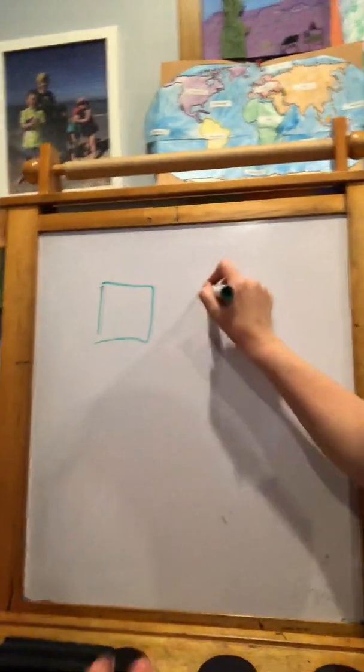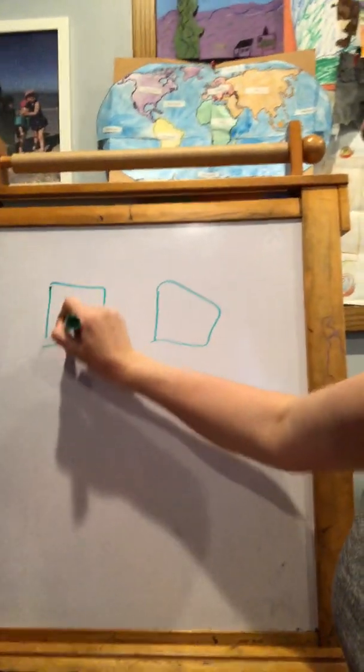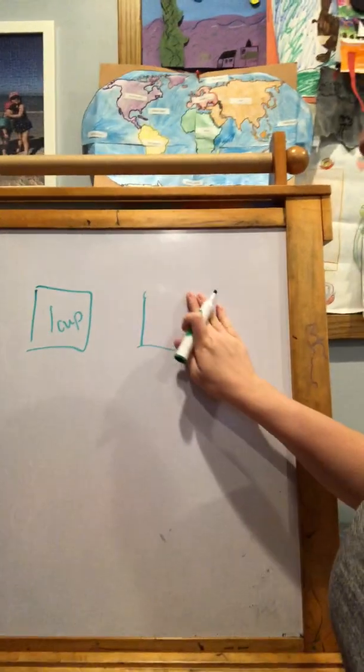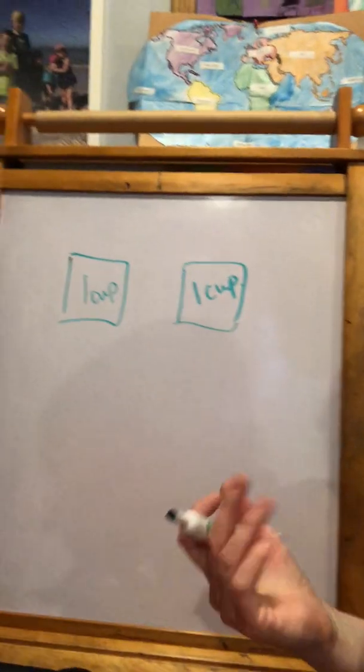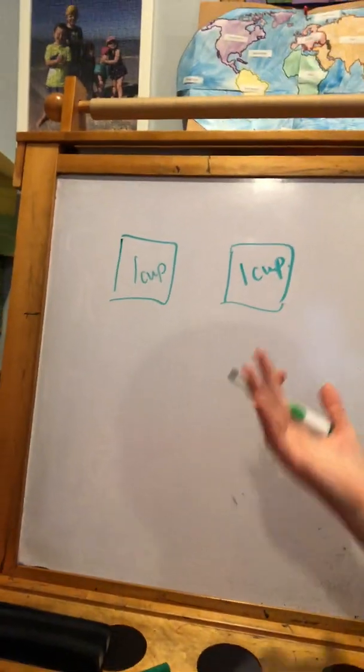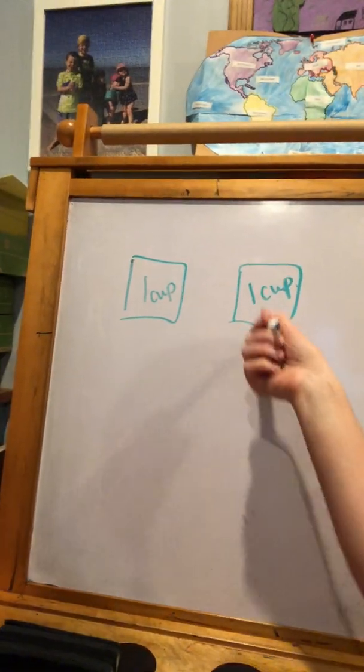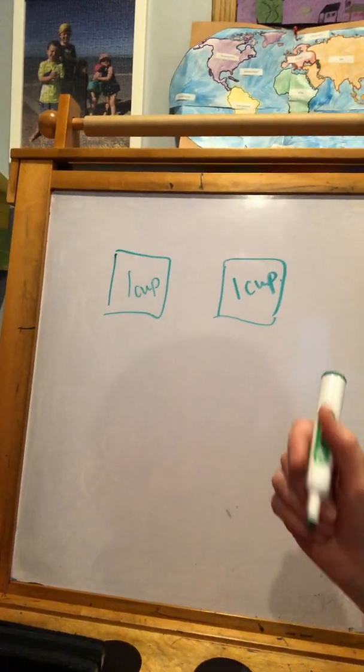Okay. So we're going to draw the cups of food. This is 1 cup and this is 1 cup. So that was one scenario, pretty simple to figure out. He has 2 cups, 1 in the morning and 1 for dinner.